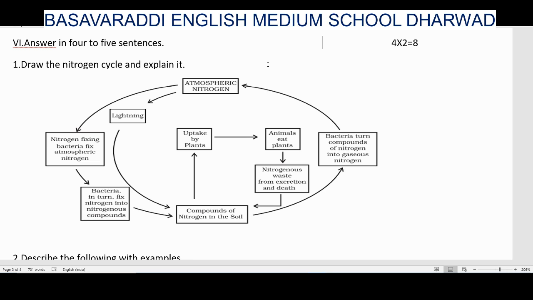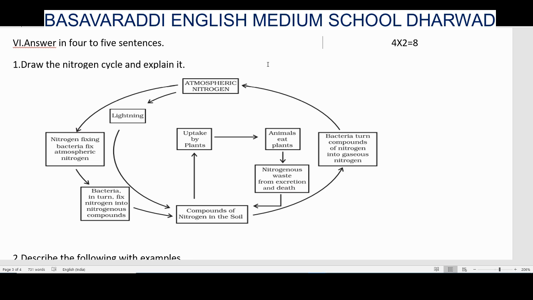These bacteria have the ability to turn the atmospheric nitrogen into a suitable, available form in the soil for the plants. So these nitrogen fixing bacteria fix the atmospheric nitrogen, then they form the nitrogenous compounds in the soil, which are taken up by the plants.